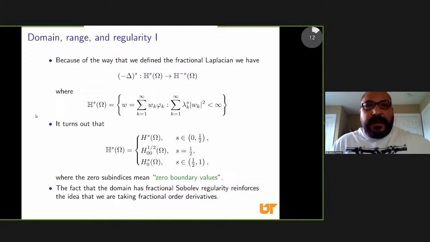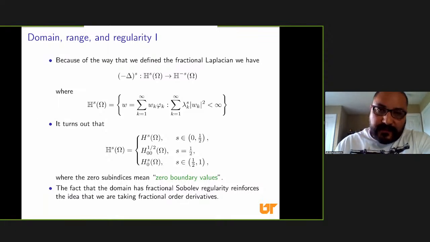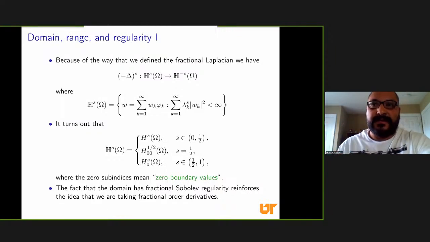Well, first, we need to take care of some technical issues. Namely, we need to understand the domain, range, and regularity of the solution that we can expect, because there's no hope of doing rigorous numerics if you do not understand the regularity of the object that you're trying to approximate. And so this is mostly notation that I'm going to use.